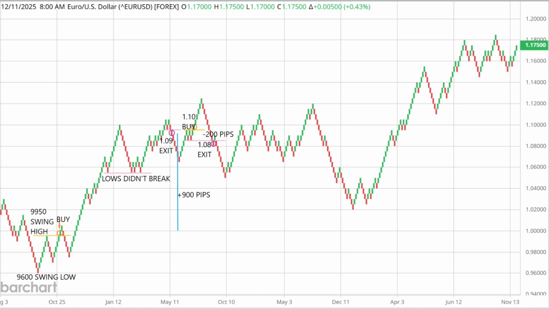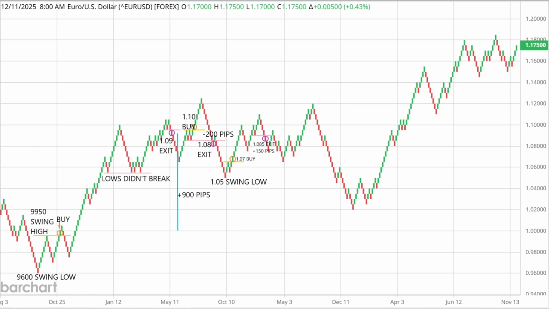A new swing low forms near 1.05, followed by a swing high near 1.065. On November 3rd, price closes at 1.07 and we enter again. Price moves higher, then eventually closes below the swing low near 1.09 at 1.085. That gives us a gain of roughly 150 pips.